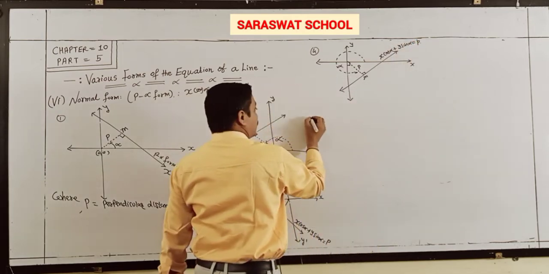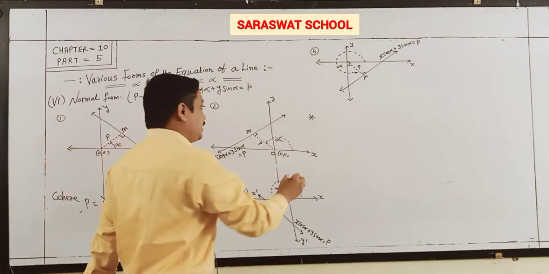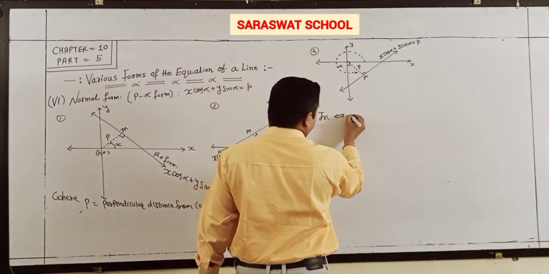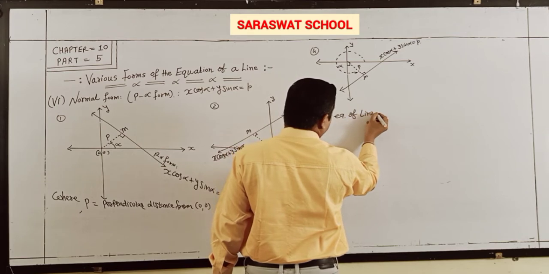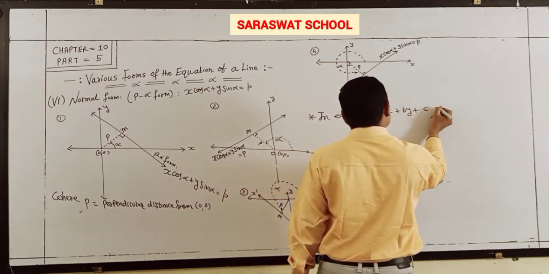Yes students, now I'm going to the general case. The equation of a line, which you should also know by heart, is ax plus by plus c is equal to 0.